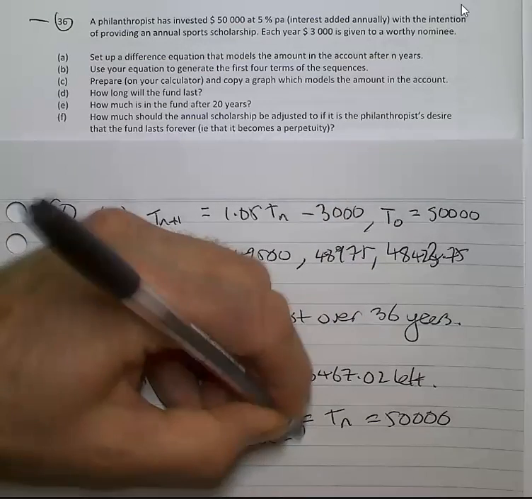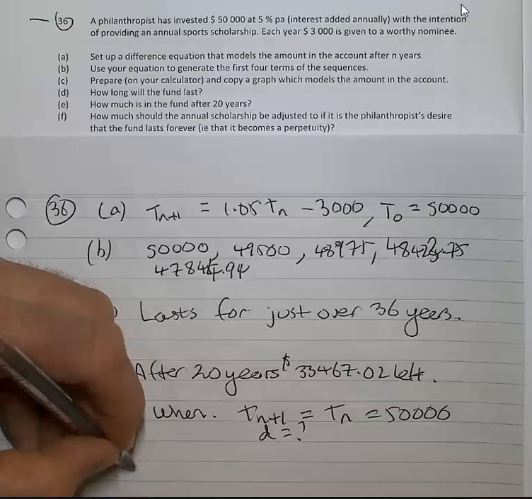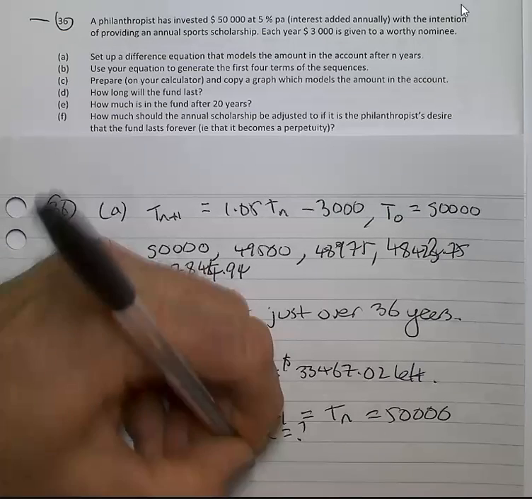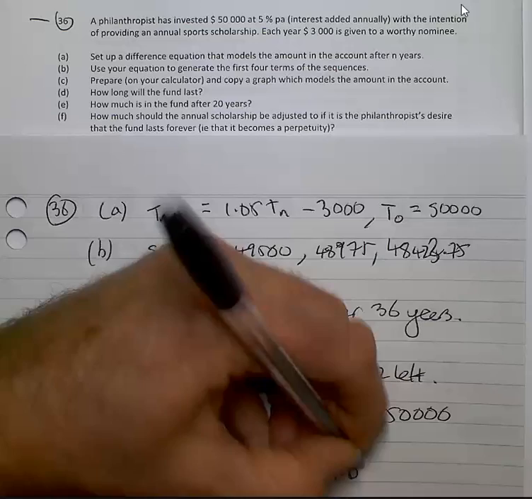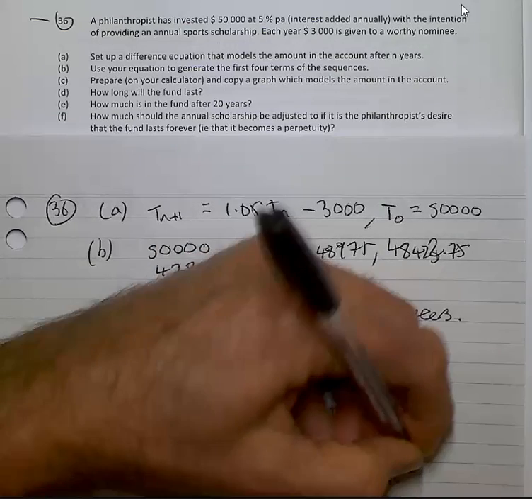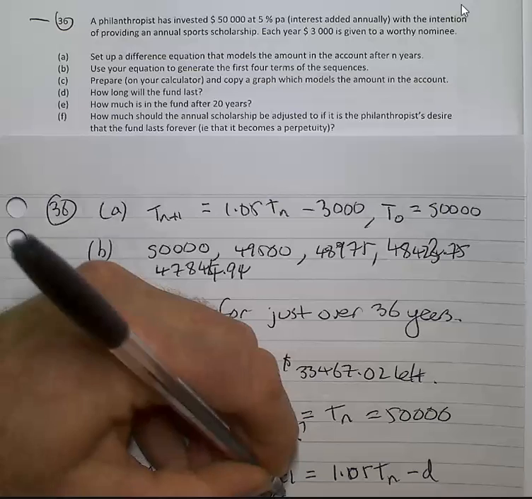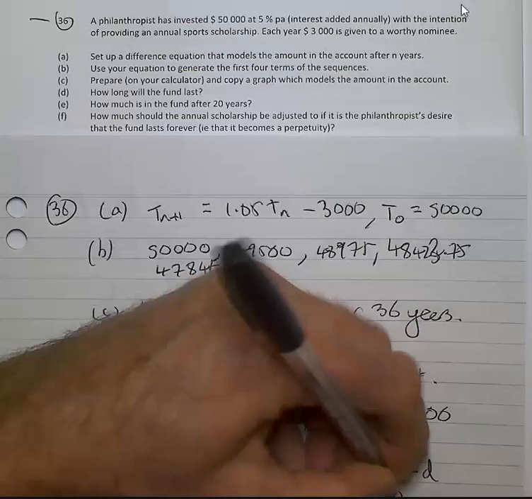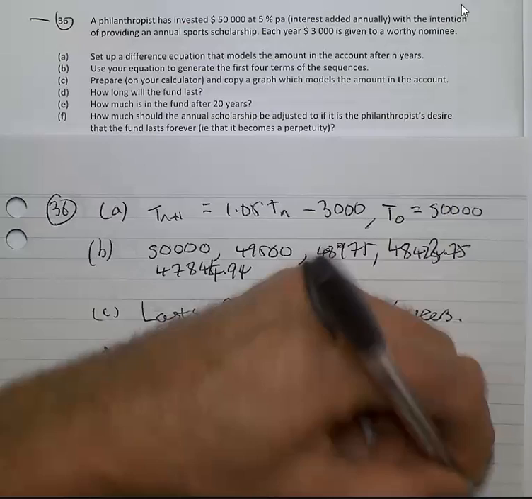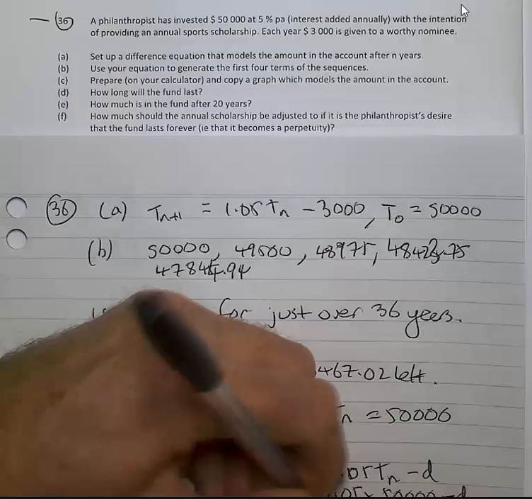So I need to find D. We're assuming the interest rate is constant. So I need to solve 50,000 is equal to 1.05 times 50,000 take D. And when you work that out, that'll be 2,500.